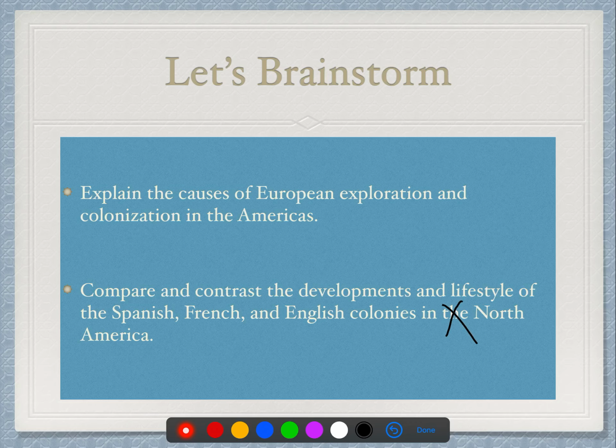So if we were to have a short answer question that required us to write a response to this, we wouldn't want to talk too much about the politics of these colonies if it's asking us about the lifestyle. We could talk about the politics as it related to the development of the lifestyle, but anything that strays away from the main point here is going to get us into some dangerous territory. So make sure that you keep that in mind as we go through this presentation.